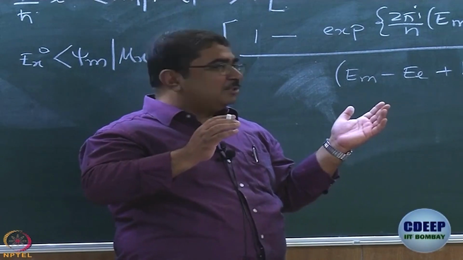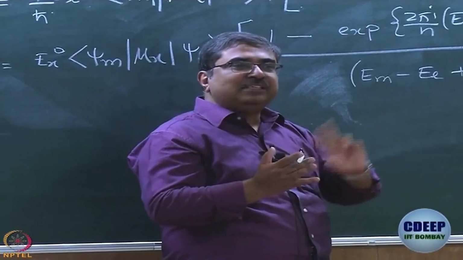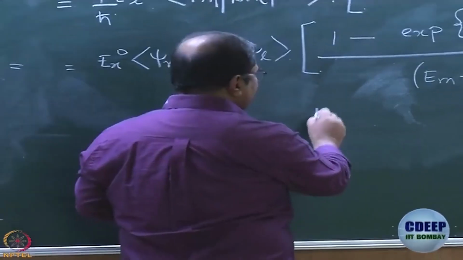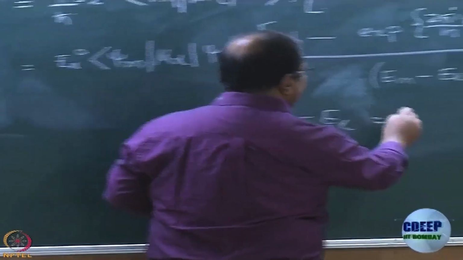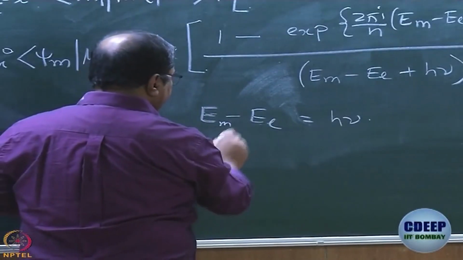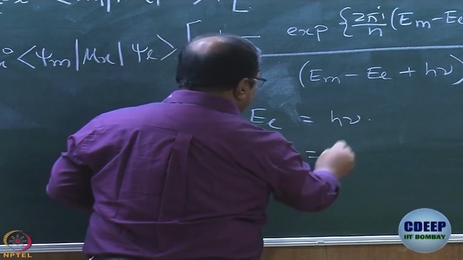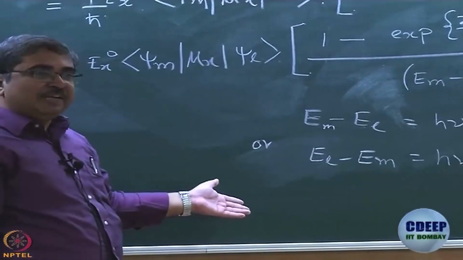So, the first thing is both the terms cannot survive together, because the conditions for blowing up are Em minus El equal to h nu or El minus Em equal to h nu. Of course, both cannot be satisfied at the same time.